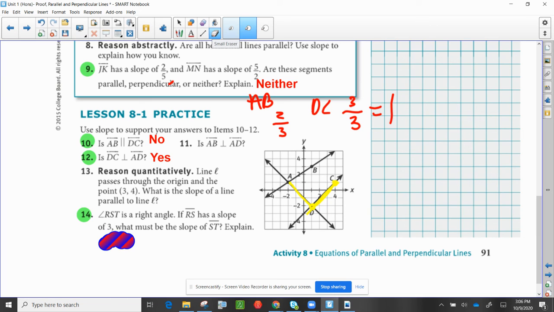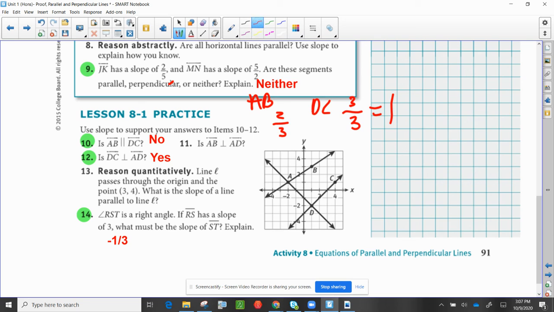Okay, last one. It says the angle RST is a right angle. If RS has a slope of 3, what must the slope of ST be? If that's a right angle, what do you know about the lines that make it up? The answer is that they're opposite reciprocals.